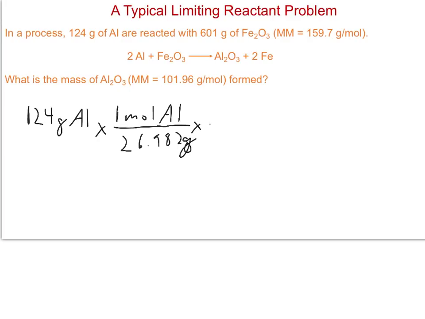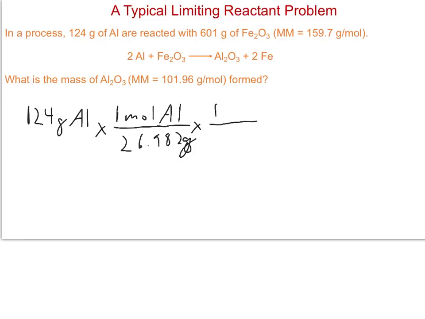But instead of looking at our product, we can quantify how much of the other reactant we need. Okay. So in this case, Fe2O3. And we use the molar ratios.